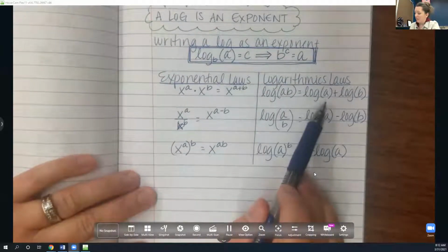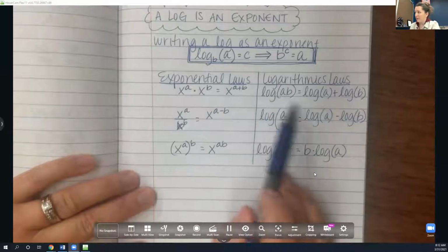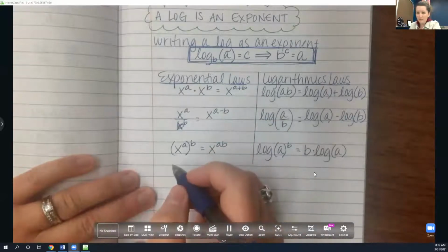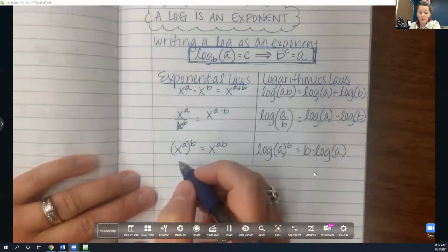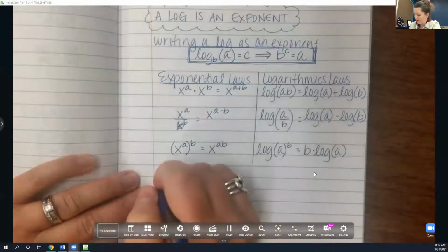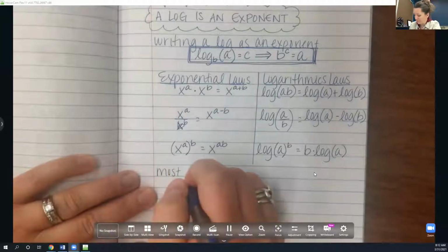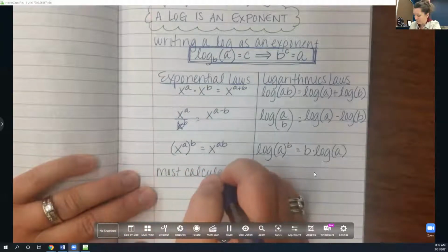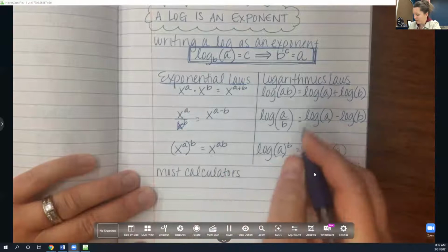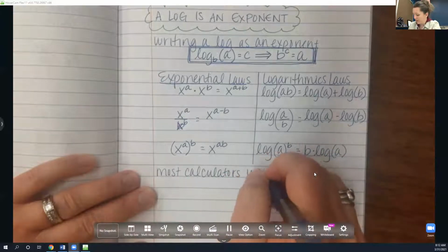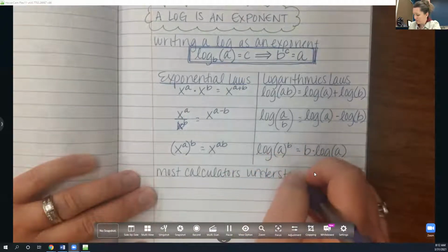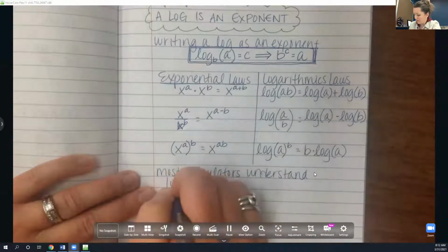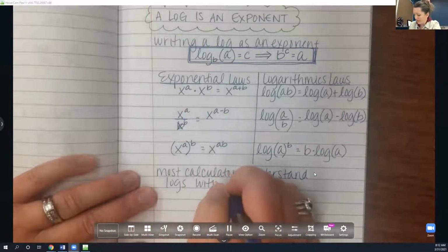Notice in my logarithmic laws that you don't have bases here. So I'm going to tell you something that you'll need to know, especially when you're using the calculator. Most calculators understand logs with a base of 10.